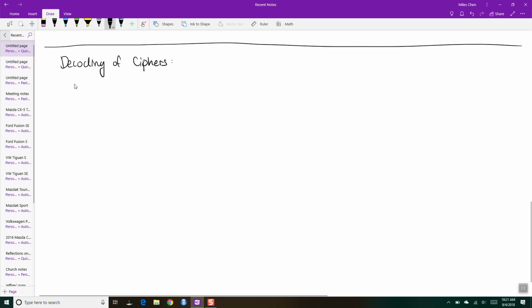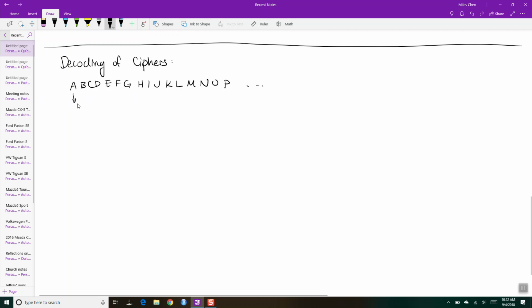And so a simple cipher is you have the alphabet, and maybe sometimes these are on a decoder ring, so on one side you have these letters, and on the other side you match them up with another set of letters.